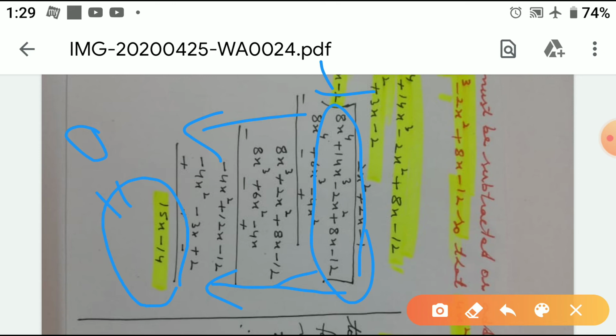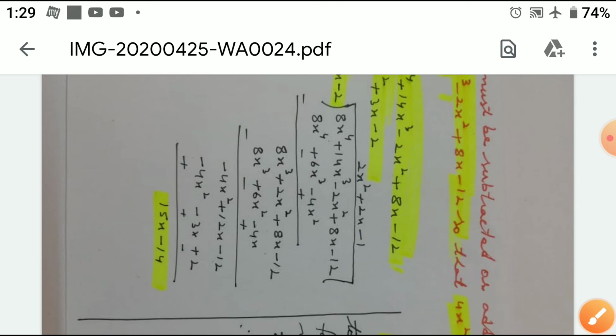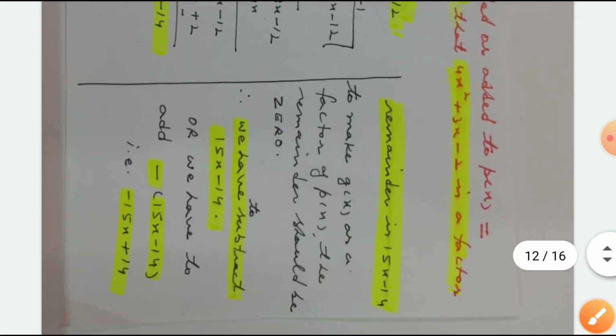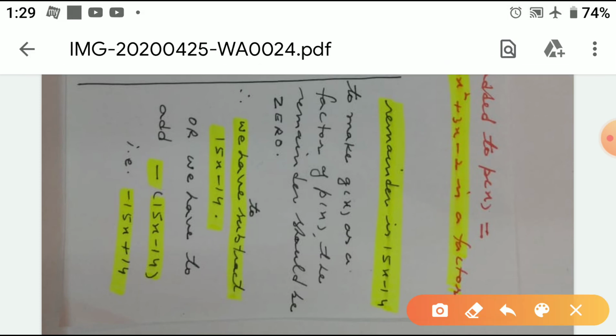Clear? And what should be added? Now for what should be added, look here. We have to subtract 15x minus 14. And what should be added? The negative of this. If we add the negative of this, then again we can say that our px is exactly divisible by gx.